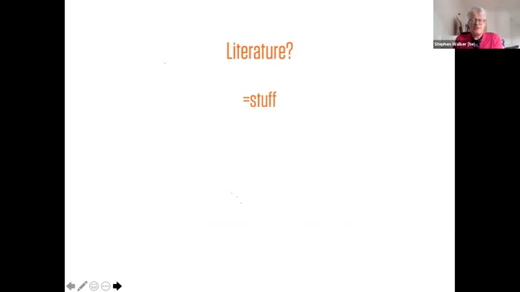So when we're talking about literature review, literature as a word has certain connotations. It sounds quite academic. At this stage, I'd encourage you to approach that quite broadly and think of literature as stuff. It's the stuff that you're exploring, you're searching for in order to get your dissertation started.